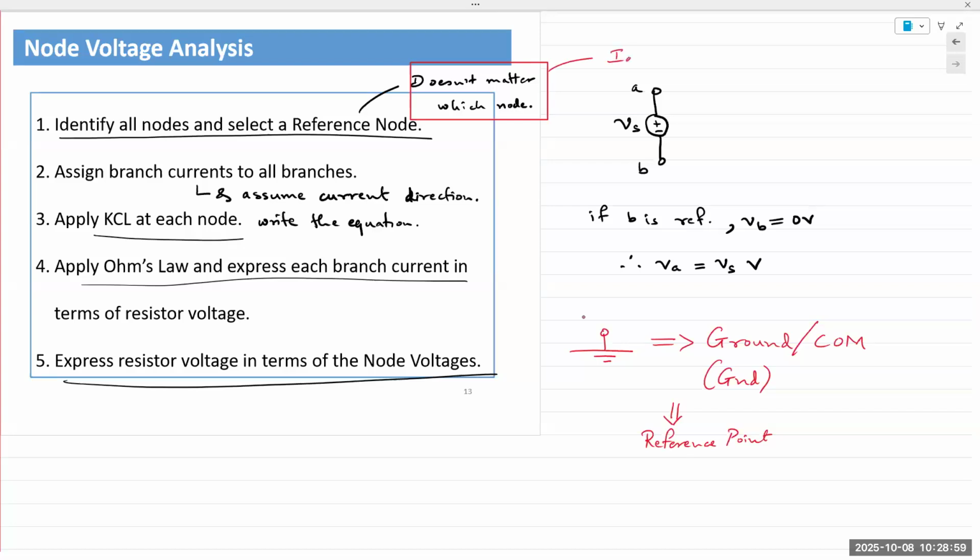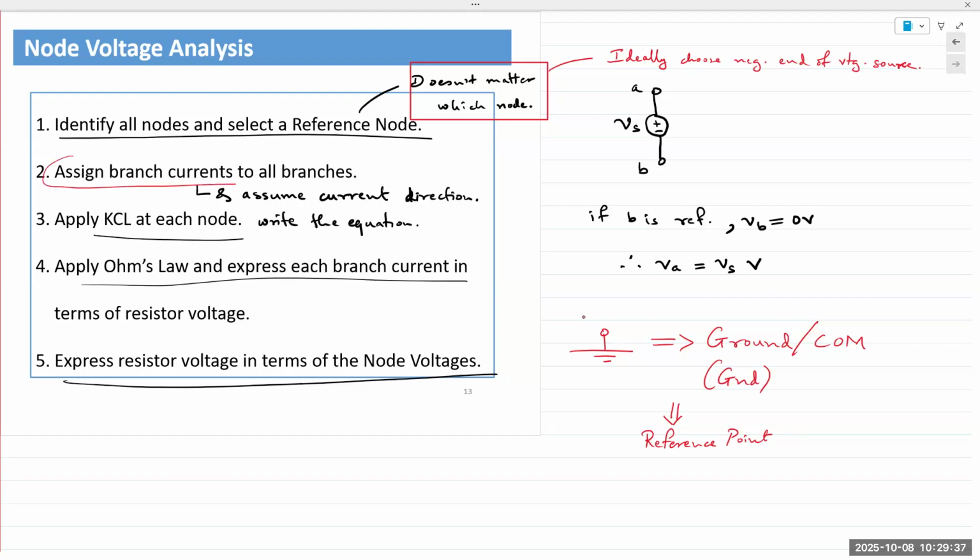Ideally, choose the negative end of the voltage source. There is a very simple reason for that. It's because a voltage source will maintain its voltage at either end of the terminal. So if you choose the negative end of the voltage source as your reference, you automatically have an answer for the voltage at the other node. So you automatically eliminated 2 nodes.